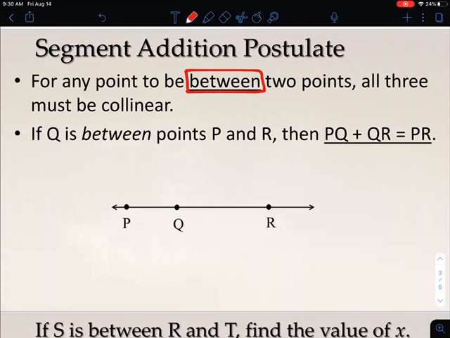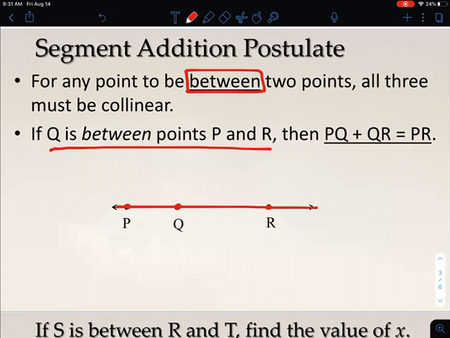So like in the statement below, Q is between points P and R. So I have point P and I have point R here. In order for Q to be in between, it has to be on the exact same line that P and R are on.